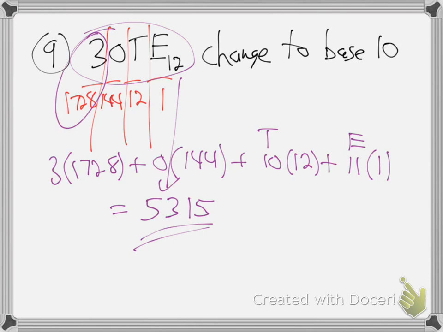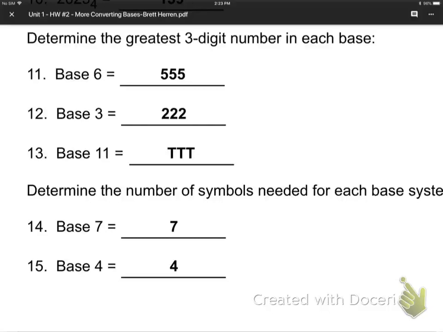No questions? We all good? All right. So there's the last few questions. Determine the greatest 3-digit number in each base. So what's the greatest 3-digit number in base 6? 555. Does that make sense that that's the biggest number you can make in base 6 with 3 digits? That's because 5 is the biggest thing you're going to see in base 6.